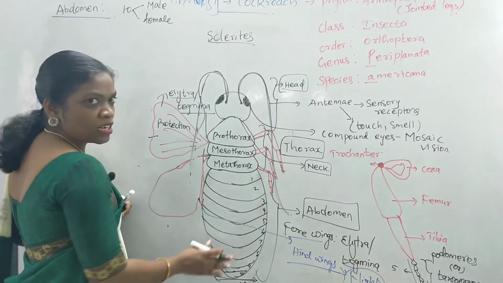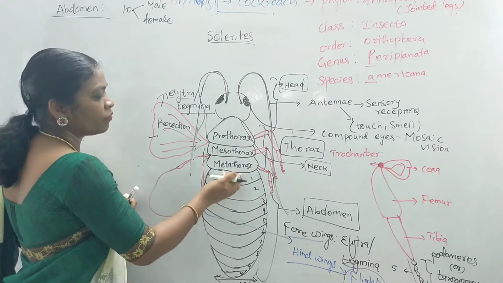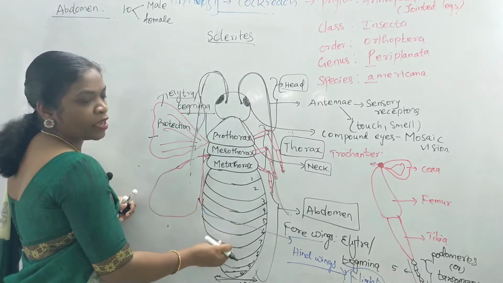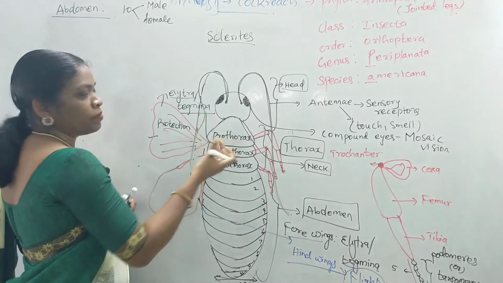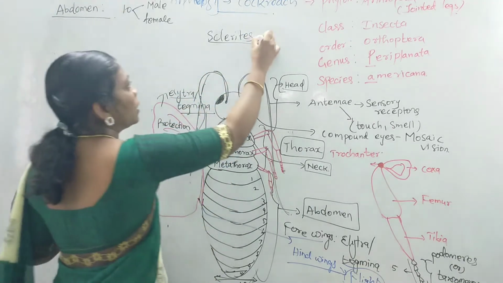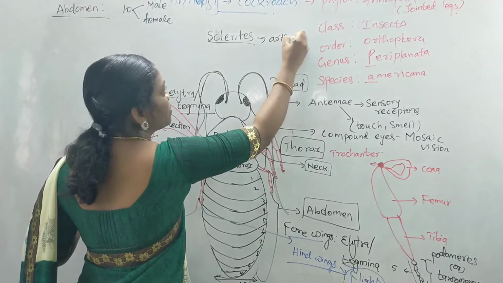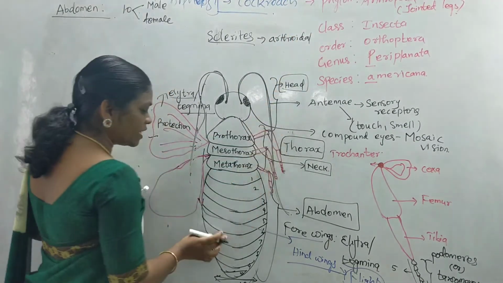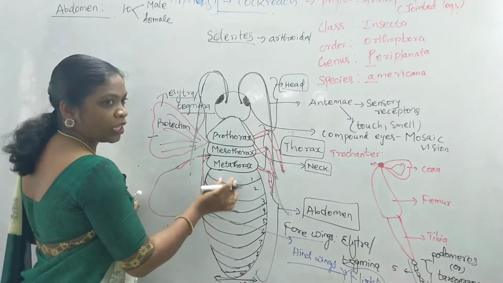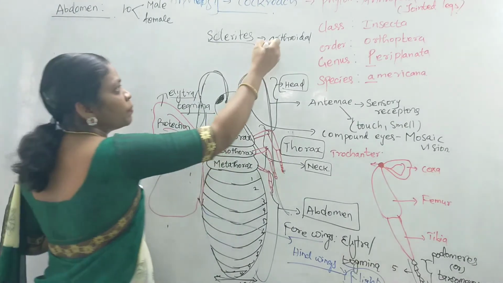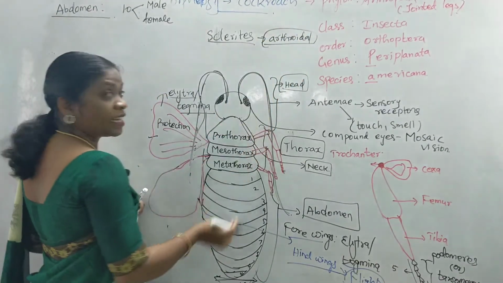It is an external skeleton, or exoskeleton, made of hard plate-like structures. They are attached to each other by means of a simple, delicate membrane known as arthrodial membrane.